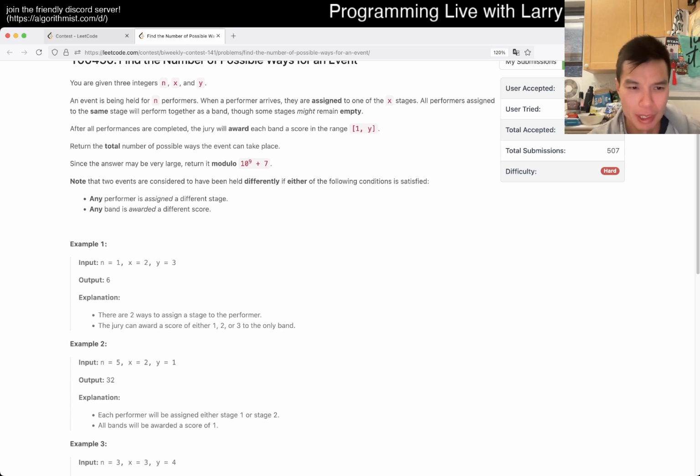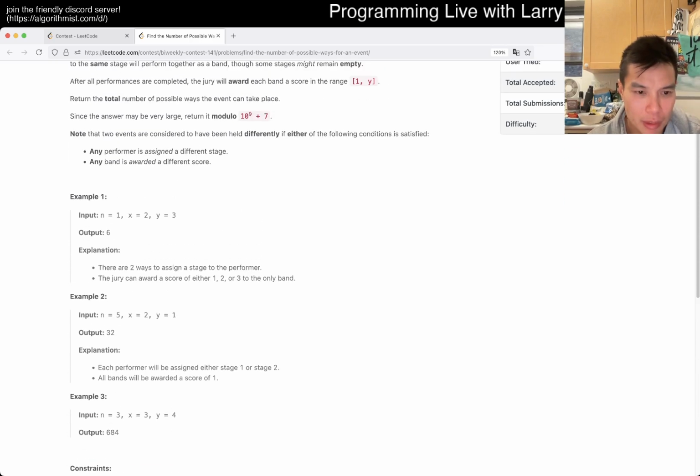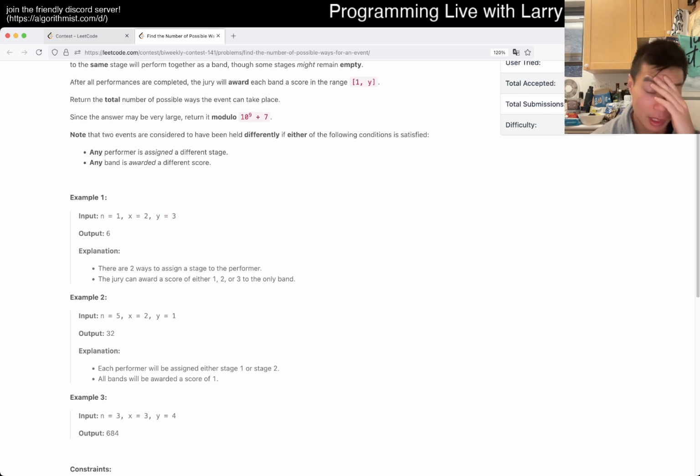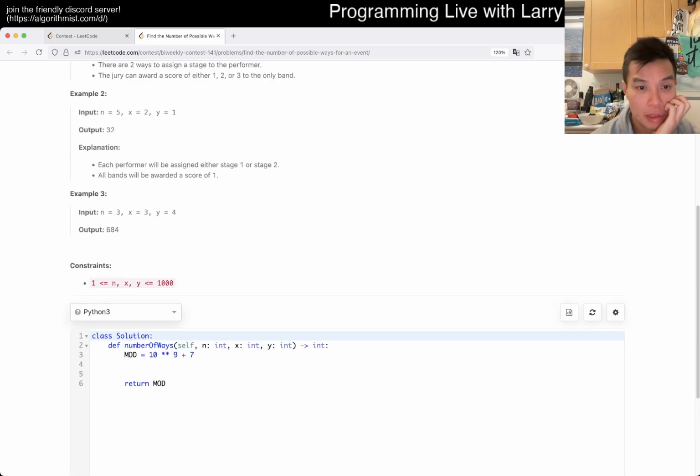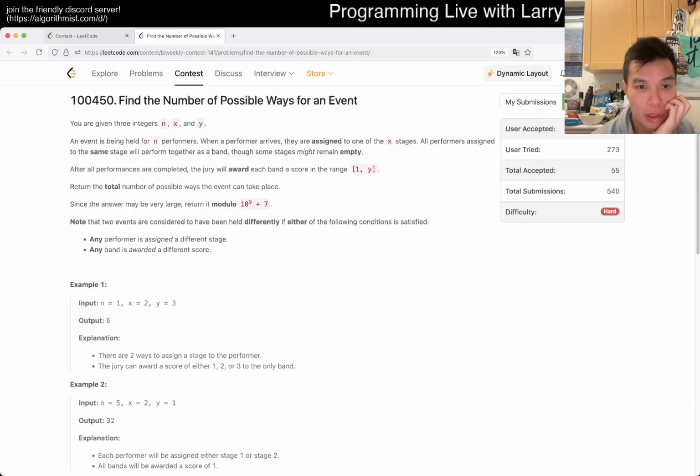Oh, the event can take place, so each person can. So the score part means each number of groups times y, so that's fine. N is only equal to 1000, so it's probably dp.